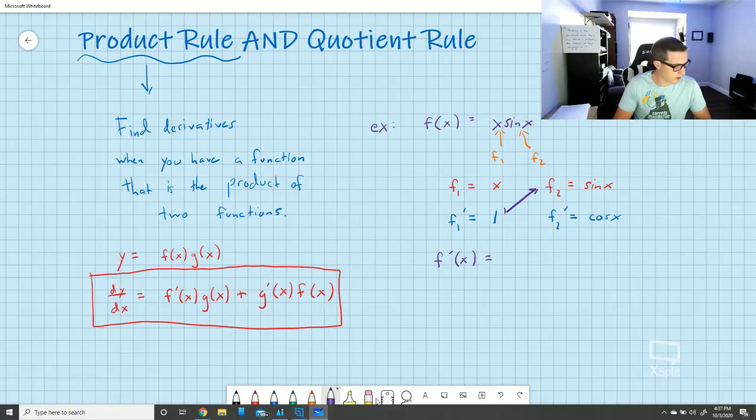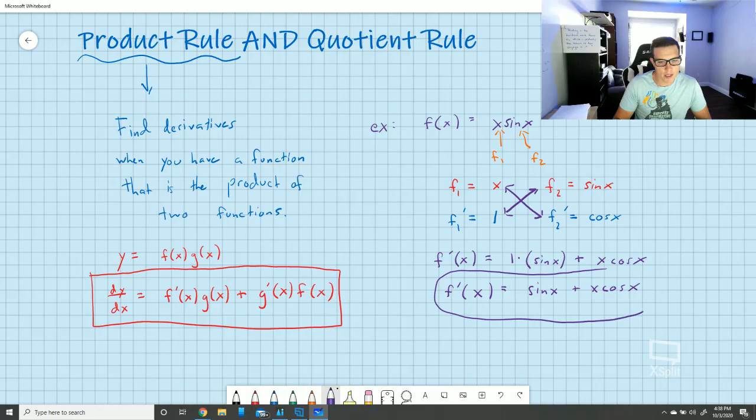These two go together. So 1 times sine x plus the derivative of the second times the first. So cosine x times x, or x cosine x. And that is the derivative function. Sine x plus x cosine x.